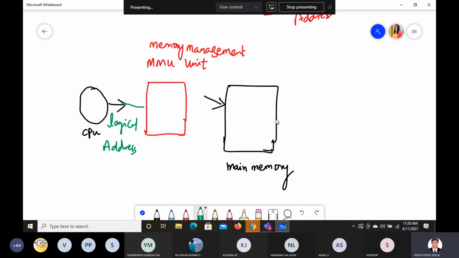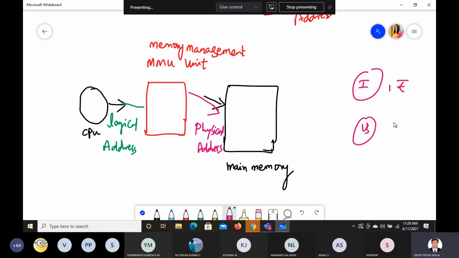But the memory can understand only the physical address. It's like you have two countries, India and the USA. India uses rupees and they use dollars, and you want to translate between the two.